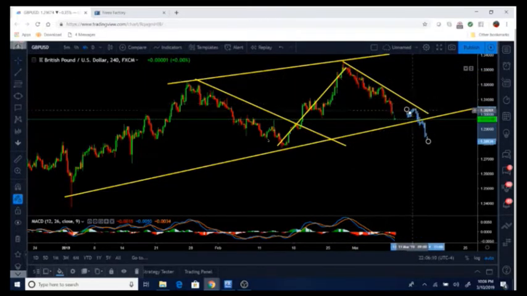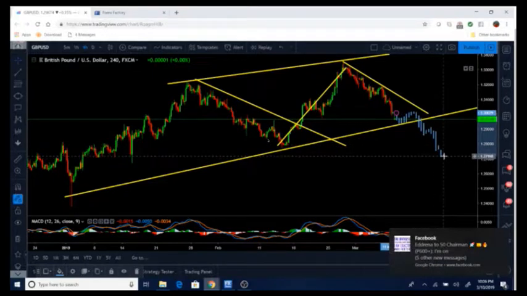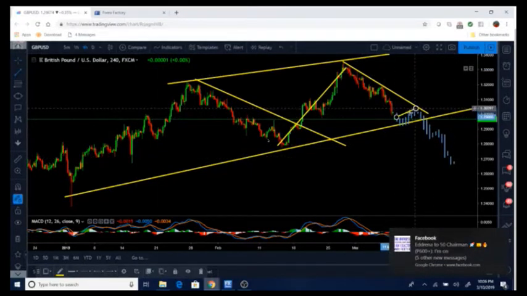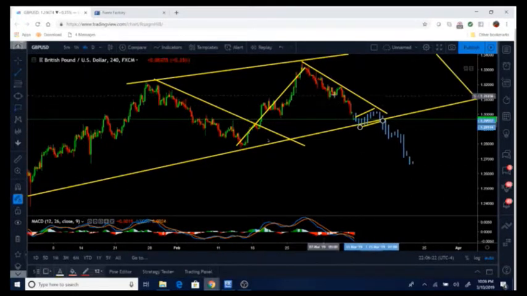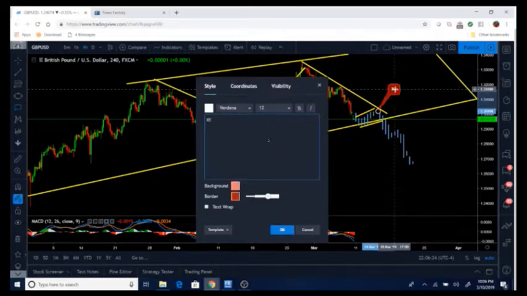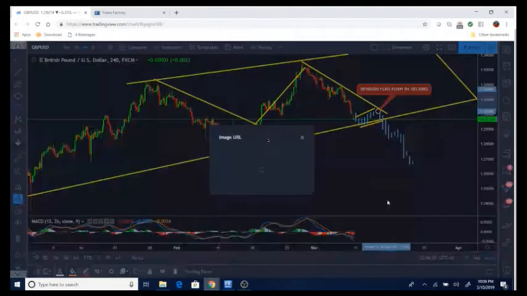You get a bearish flag, you can sell. Just wait for that. Bearish flag before selling.